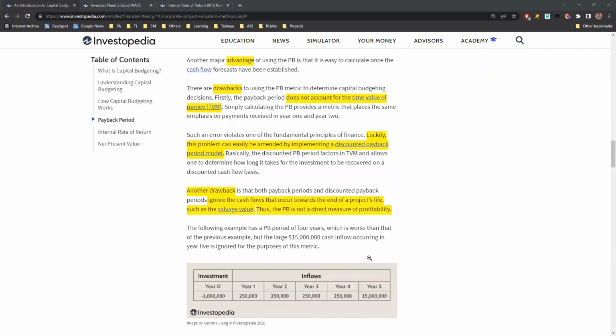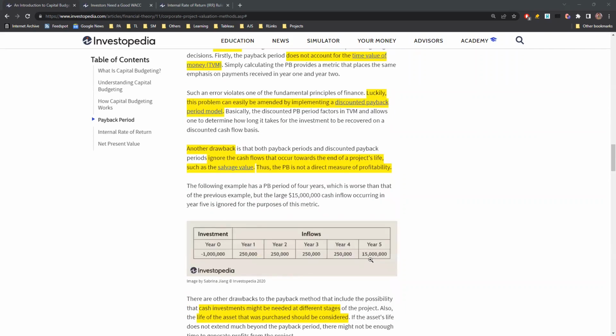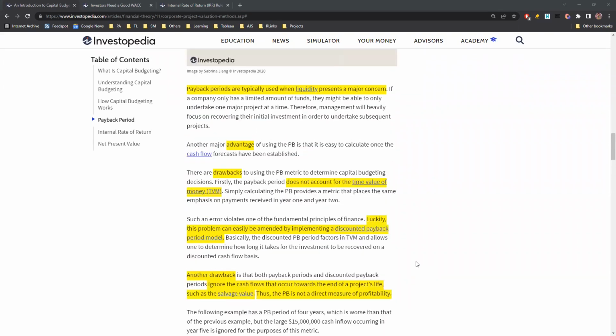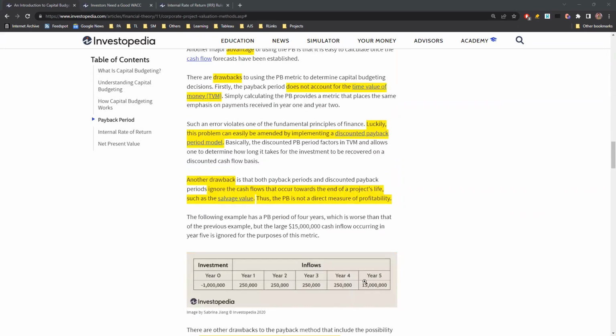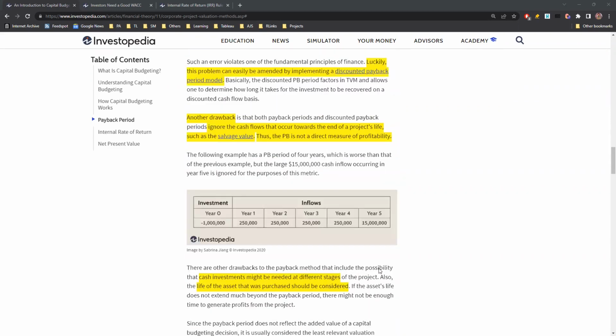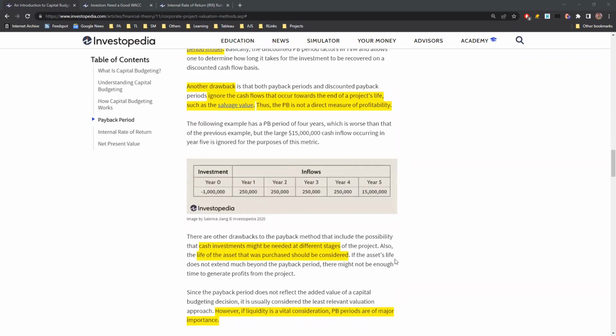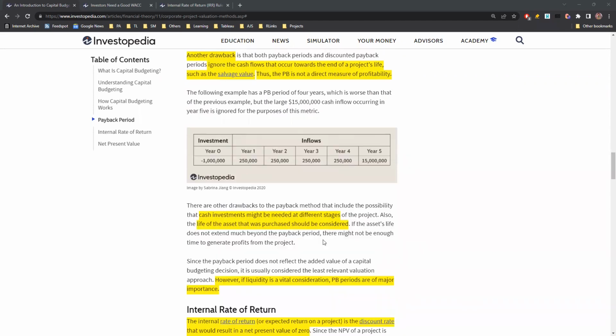But here, in year 5 alone, we are making, if I'm not wrong, about 15 million. So project B makes much more profit than project A, even though the payback period for project A is lower than the payback period for project B. That is the factor that typically gets missed in the payback period. There are some other complications as well, but I will not go into all those things at the moment.